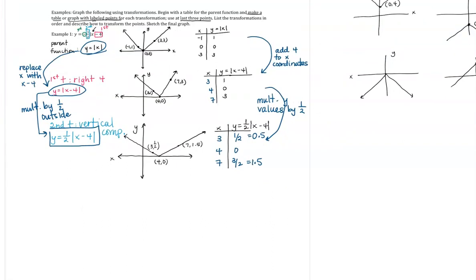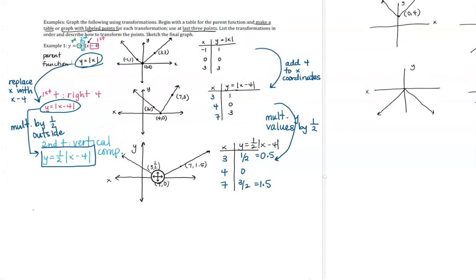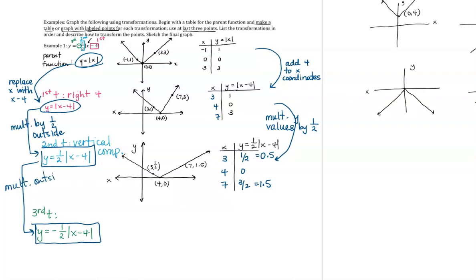The third transformation is that minus sign that's out in front of that function. So we are looking at the equation y equals negative 1/2 absolute value of x minus 4, and we're asking ourselves what is the difference between that equation and this equation now that the negative has been factored in and we have multiplied the outside of the function by -1.